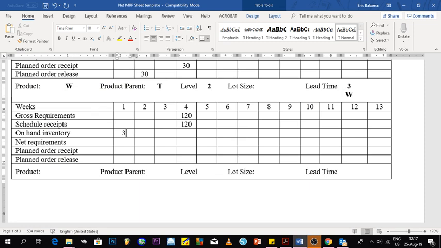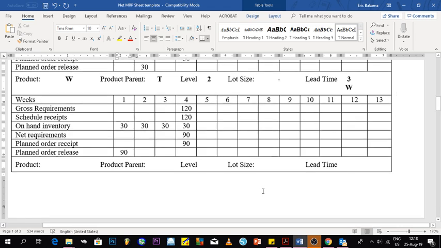So we have 30, 30, 30, 30, and here we get 120 minus 30, which is 90. We have 90 again, and the lead time is 3 weeks: 1, 2, 3. We will get our 90 here. So we are done with W.